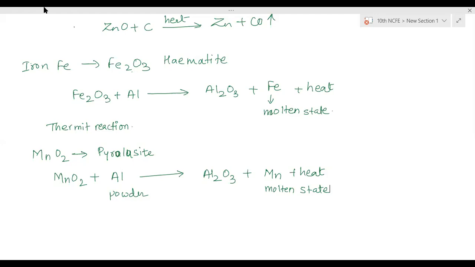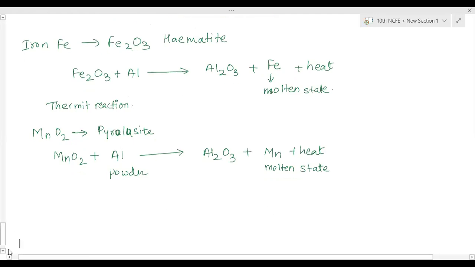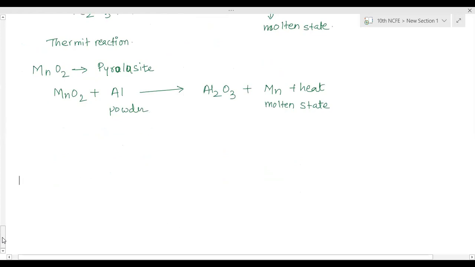That metal is 95 to 98% pure, but not completely 100% pure, so it is again purified by the refining process. In the textbook they have given the example of sodium only. Sodium is obtained from molten sodium chloride.